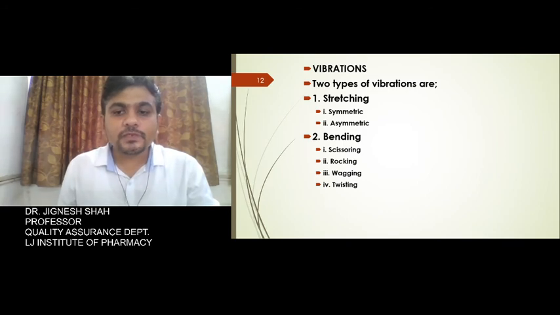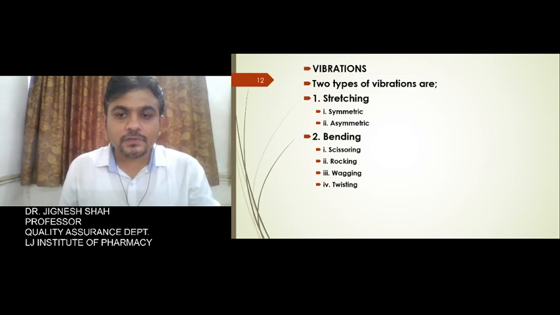Stretching vibrations are always seen in a molecule where there is a change in the bond length, whereas bending type of vibration is always seen in a molecule where the bond angle changes. So stretching does not involve a change in the bond angle. Change in the bond angle is mostly found in case of bending type of vibration.